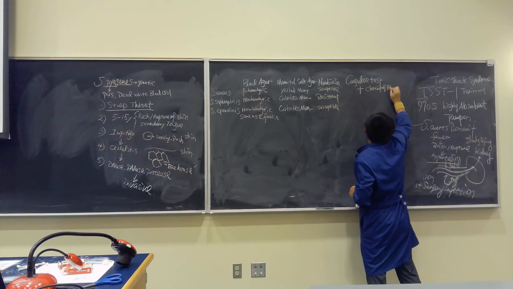Okay, second one, beta hemolytic. What are the two bacteria? Streptococcus pyogenes and Streptococcus agalactiae. How do we differentiate them? A-disc. What's the component of the A-disc?